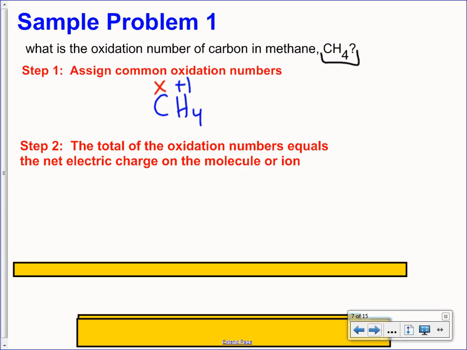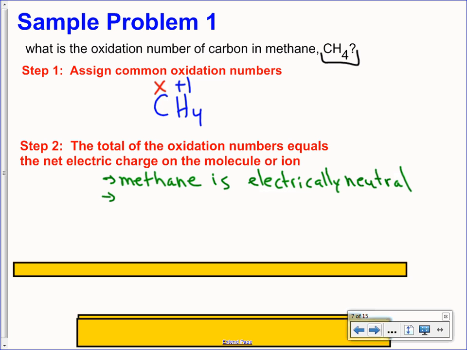The second thing that we're going to do is we have to keep in mind that the total charge of the oxidation numbers has to equal the net electric charge on the molecule or ion. So in this case, methane is an electrically neutral molecule, meaning that it has an overall charge of 0.